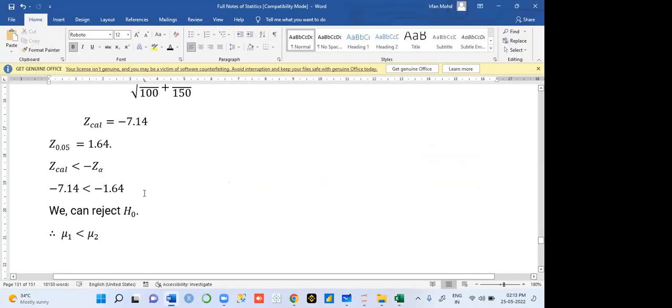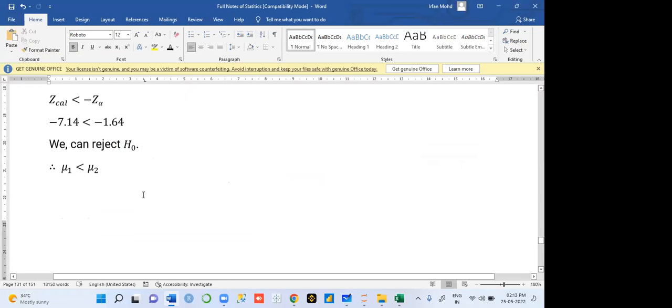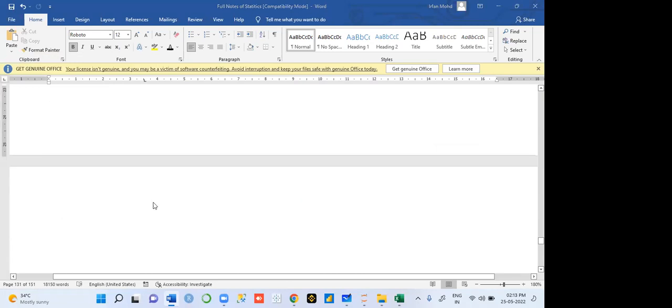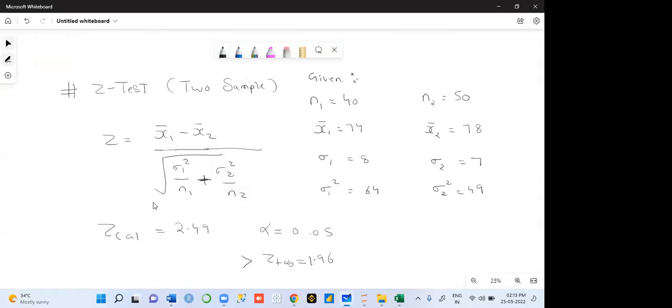Can you write over here? Spelling mistake over here. What is the conclusion you will make? Can I say your Z value, which we have, is one-sided and Z is more than alpha?